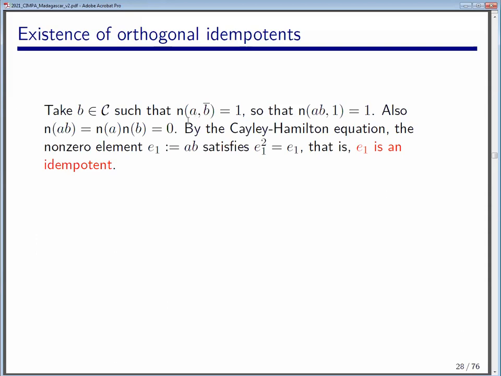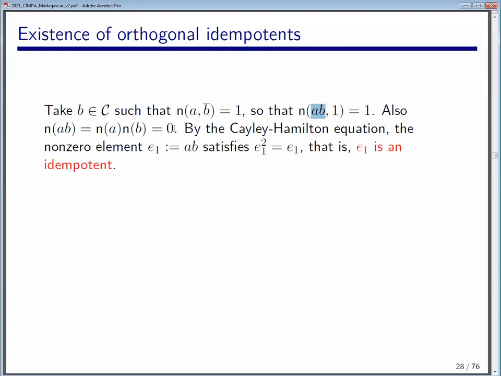So the fact that the norm of A comma B bar is 1 is the same as the fact that the norm of AB comma 1 is 1. Okay, because we can move to the other side. Also, the norm of this element AB, well, the norm is multiplicative, and the norm of A is 0. So it is 0.